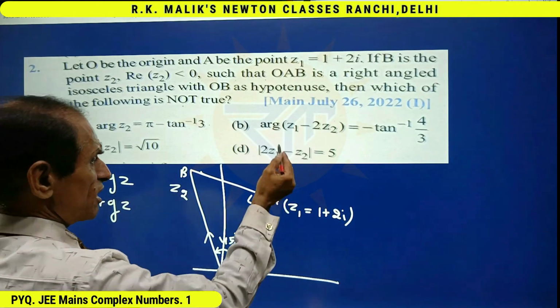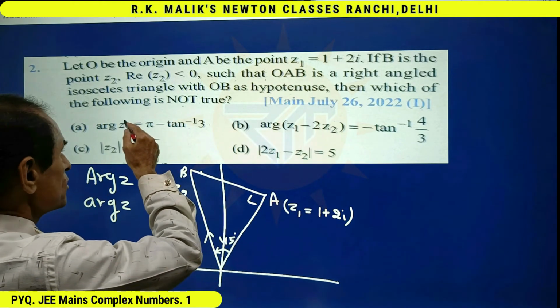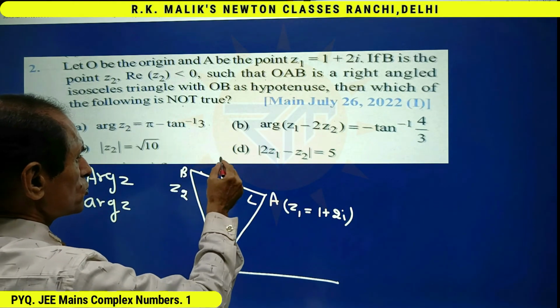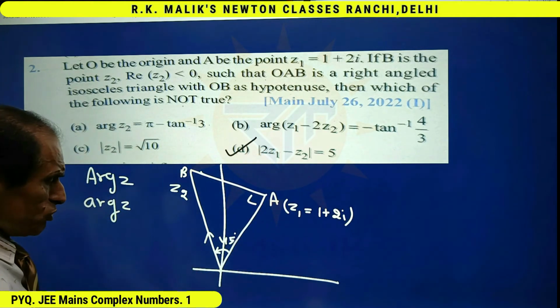Hence, I can say the information of choice D is wrong, and because he wants the choice which is not true, because this information is wrong, hence D becomes the correct choice.